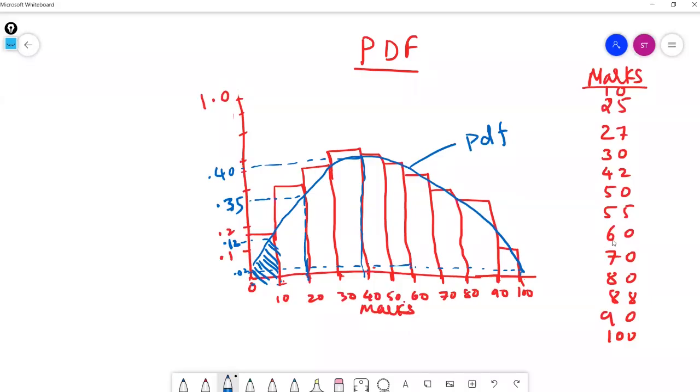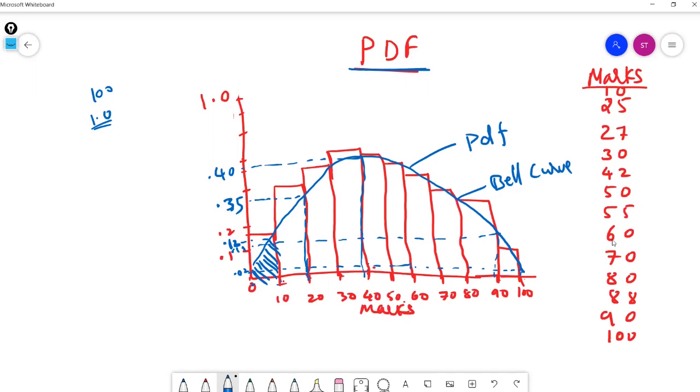Similarly, I can ask what is the percentage for 90 marks, maybe 1.11. So if we add up all these percentages, it will lead to 100% or 1.0. So that is how I can interpret this PDF, and it looks like a bell-shaped curve, a bell curve.